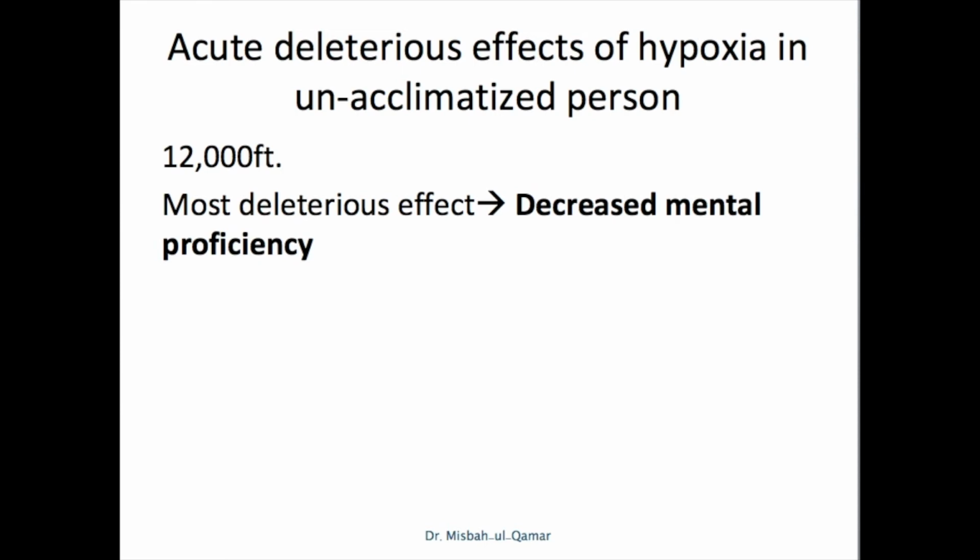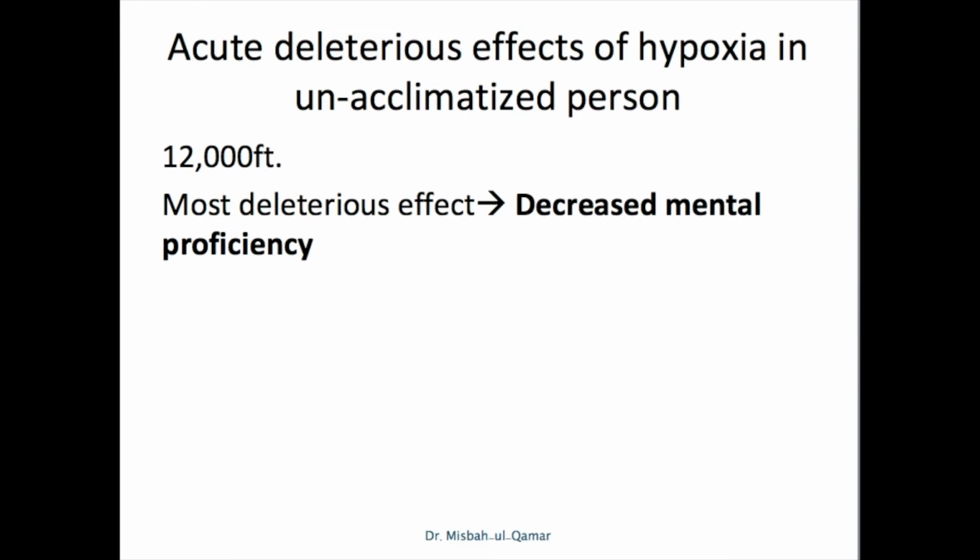The most deleterious effect is mental impairment due to decreased judgment and memory, which results in impaired performance of discrete motor movements. Let me elaborate the decreased mental proficiency with an example.